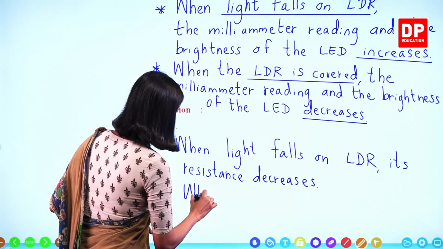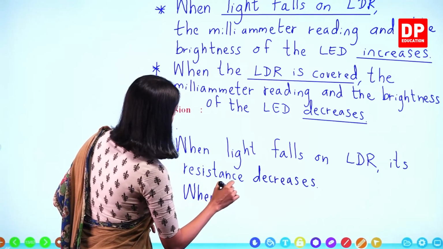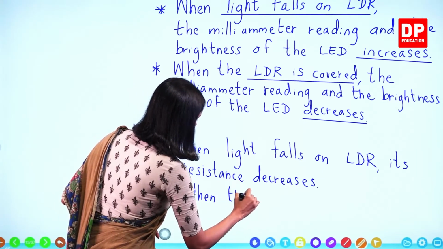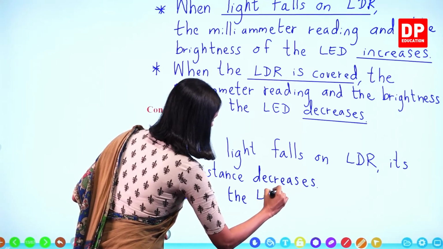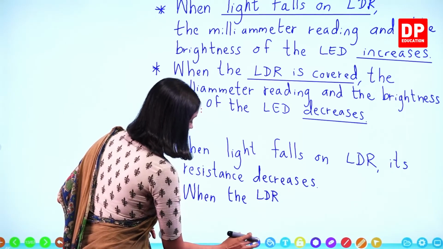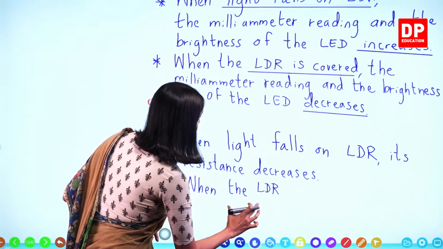When the LDR is covered, which means when it doesn't get light, when it is at dark.